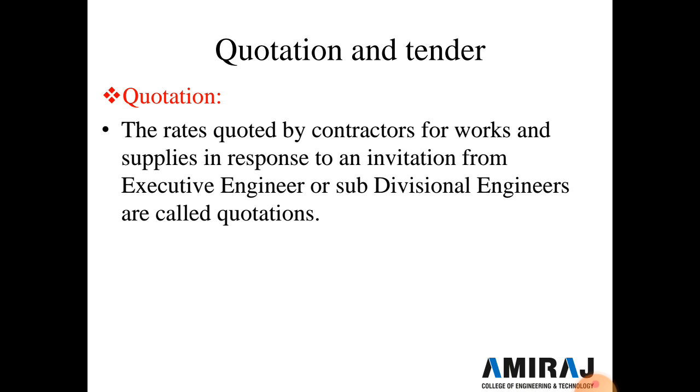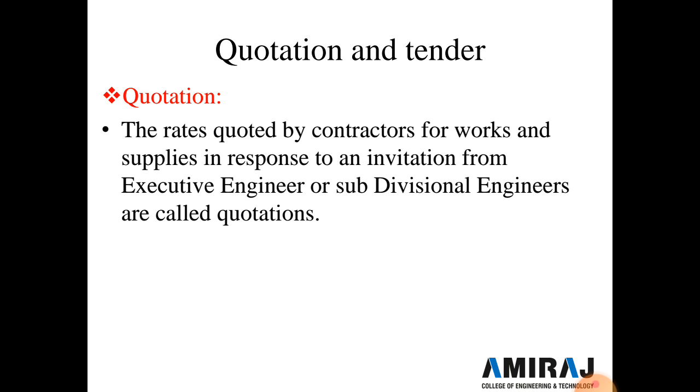Now next topic we start: quotation and tender. So already we discussed what is quotation and tender, but the topic is continued. So we start with quotation. What is quotation? The rate quoted by the contractor for a work and supply in response to an invitation from the executive engineer or a subdivisional engineer is called a quotation.